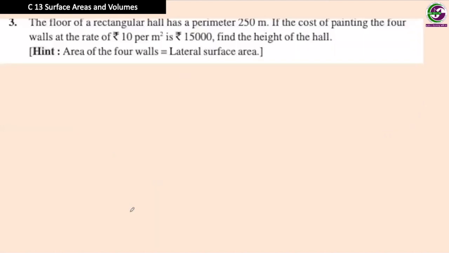Moving on to question 3. The floor of a rectangular hall has a perimeter of 250 meters. Perimeter means length plus breadth plus length plus breadth. So we know perimeter is equal to 2 times (L plus B), which is given to us as equal to 250.